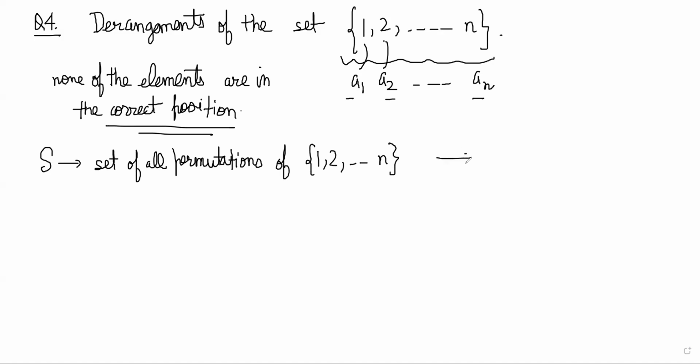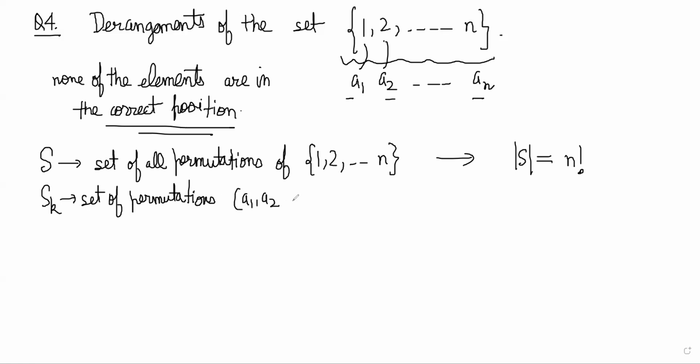So obviously from here we know that mod of S or cardinality of S is n factorial, right? Then let Sk be the set of permutations A1, A2 till An which satisfy the condition A of k is equal to k.